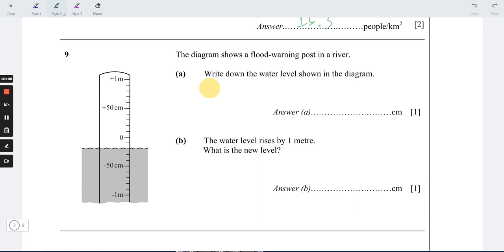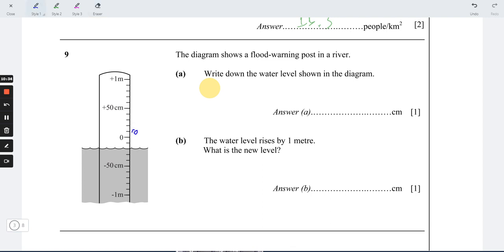Water level here, as you can see, 0 to 50 centimeter to 1 meter, 0 minus 50 centimeter minus 1 meter. Now between 0 and 50, the scaling here is 1, 2, 3, 4, 5. 50 divided by 5 is 10. So each small dash here is 10.